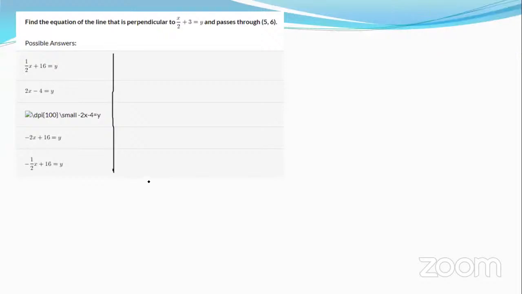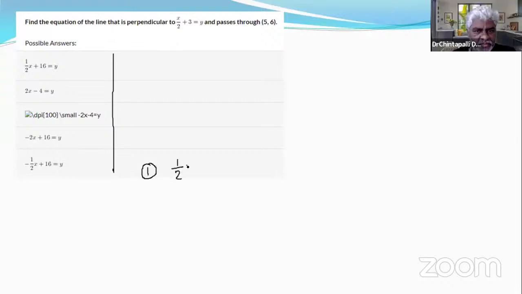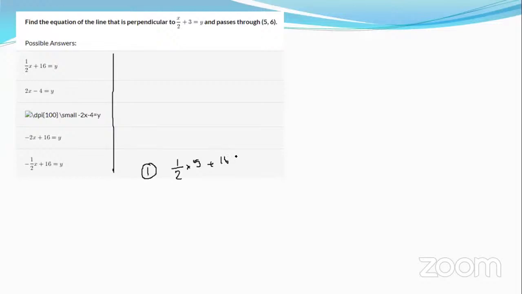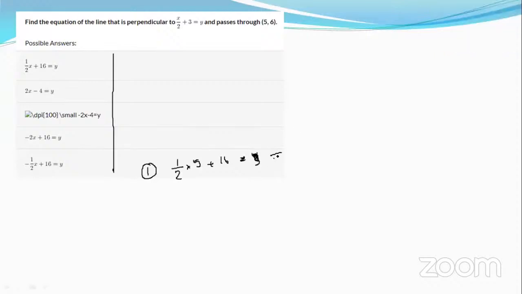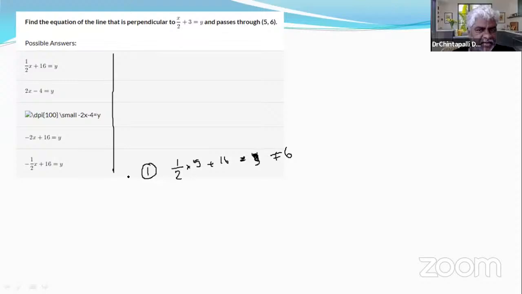What is option 1? One by 2 times 5 plus 16 is equal to y, equals 6. Is it a true statement or a wrong statement? Let's find its value. Definitely it is not equal to 6, so option 1 is not correct.